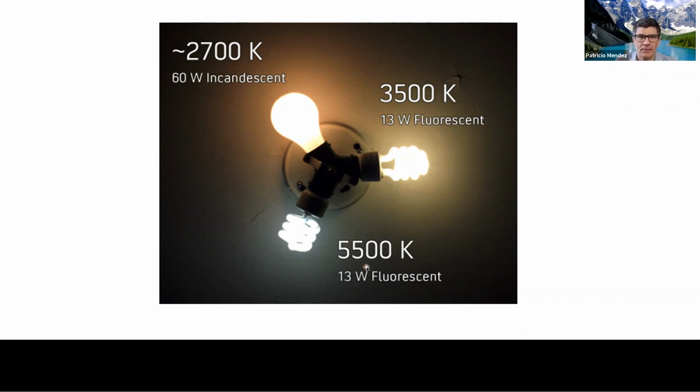An incandescent bulb that works very close to a black body is at 2700 Kelvin. Why? Because they have a tungsten filament, and any higher than that, you melt it. Now, the problem is that at 2700 Kelvin, you're on the side of the spectrum in which most of the energy is wasted as infrared, and the little that gets to your eyes is very reddish.